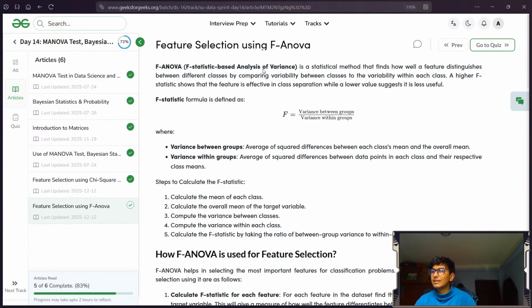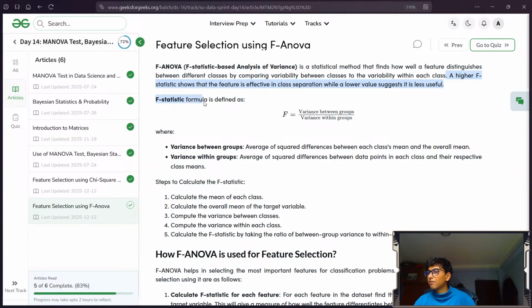F-ANOVA, F-statistic based analysis of variance, is a statistical method that finds how well a feature distinguishes between different classes by comparing variability between classes to variability within each class. A higher F-statistic shows that the feature is effective in class separation, while a lower value suggests it is less useful.